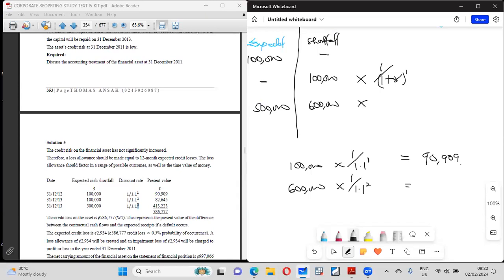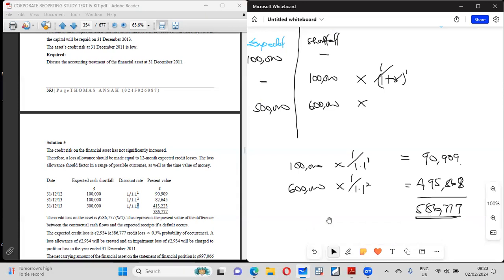I multiply that by my 600,000, and that gives me 495,867, or I can call it 868 because if I round it up, I'll make this one 8. Then if I add that to my 90,909, I get 586,777. Even though there's actually a small error, 586,776 or 777, this is what we have as our credit loss.